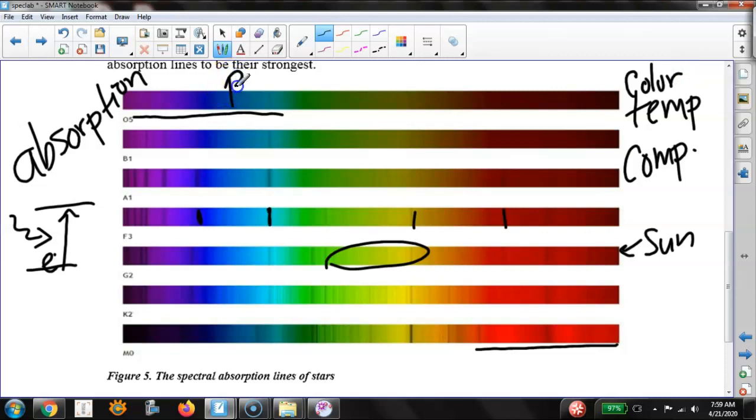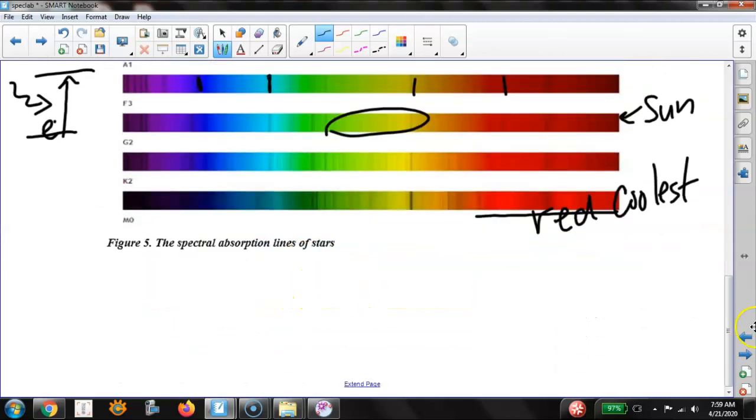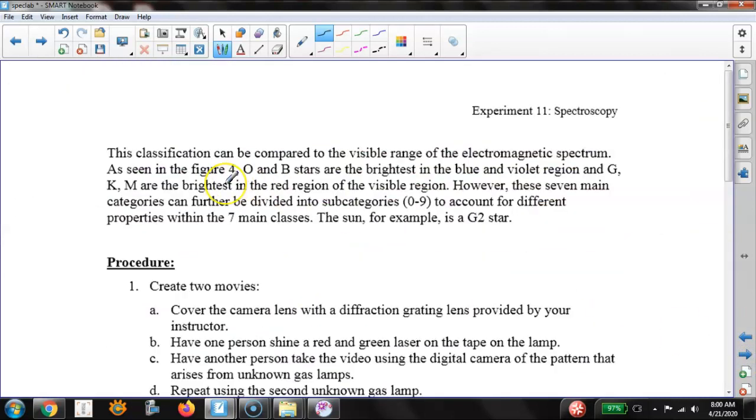These blue stars are the hottest, and the red stars down at the bottom are the coolest. We can also get information about these stars' velocity if they're moving. We can use Doppler shift with these spectra to figure out cool stuff like that. But I just wanted to give you a little bit of background on one way that we use spectra.